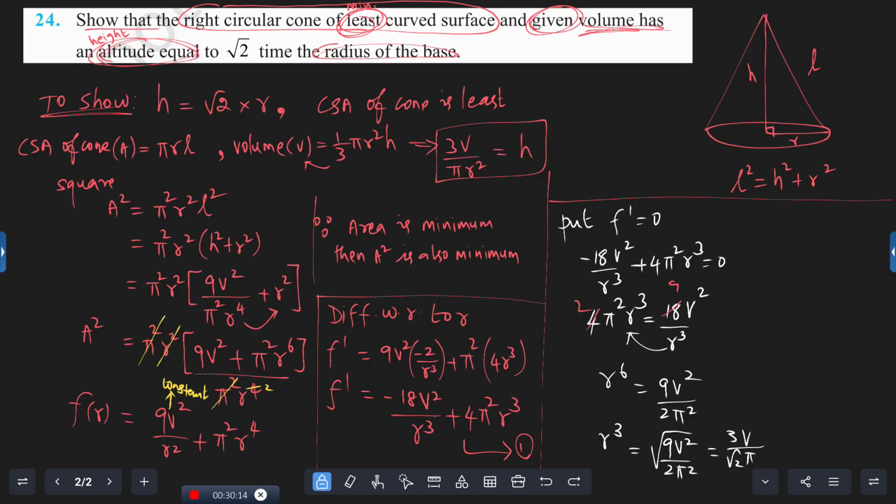If you need the r value, surely r equals 3v divided by root 2 pi whole power 1 by 3. You can write it like this if you want. This is the r value. Now let's go to say what is that minimum.